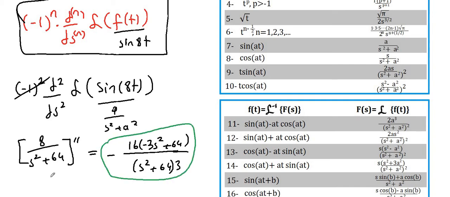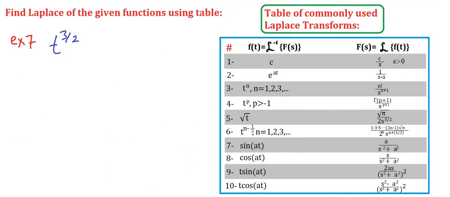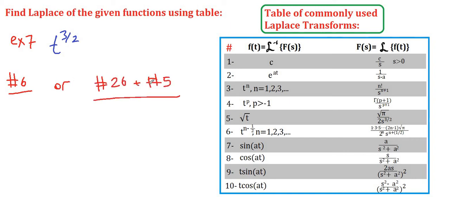Let's do another example. Example 7, t to the 3 over 2. For this, you can utilize number 6 alone, t to the n minus 1 half, or you can utilize number 26 plus number 5 together.